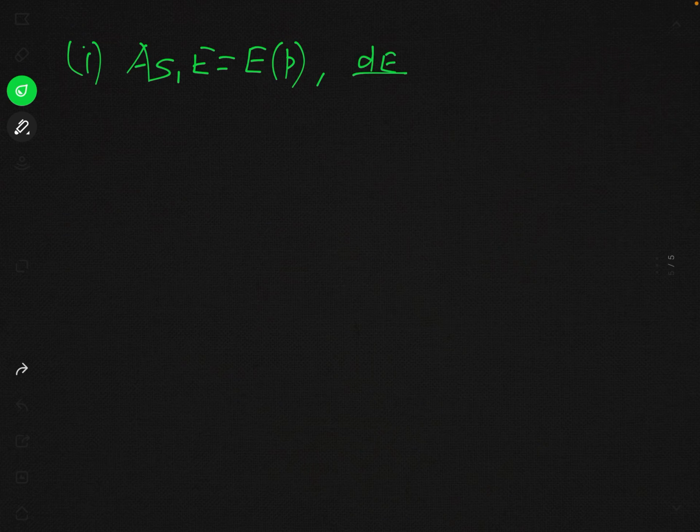So first of all, we will find how we can find the rate by which this energy changes with change in momentum. You can see this. So as the total energy E is actually a function of P, our aim is to find what will be the value of dE by dP.